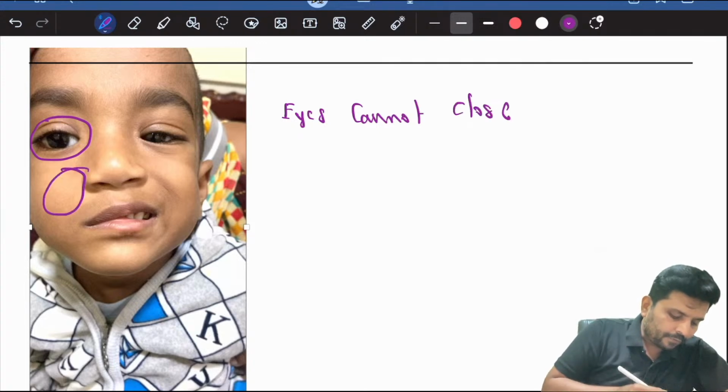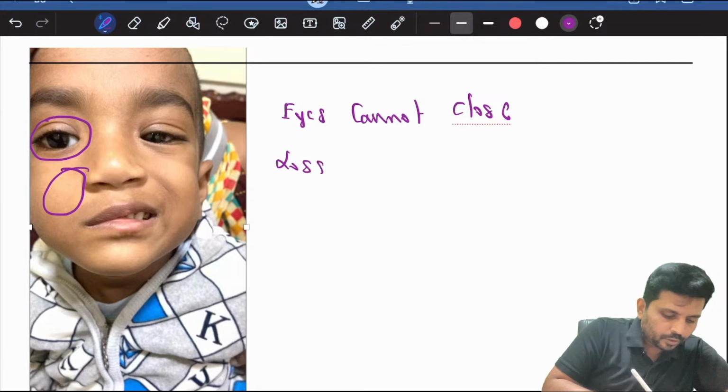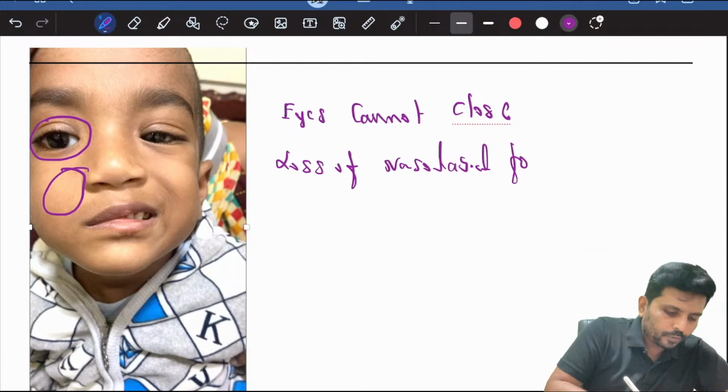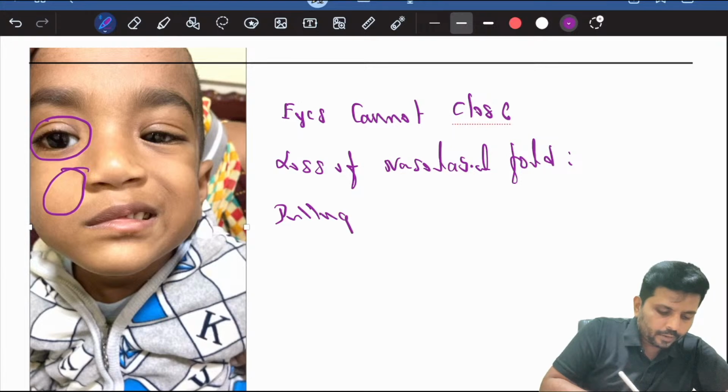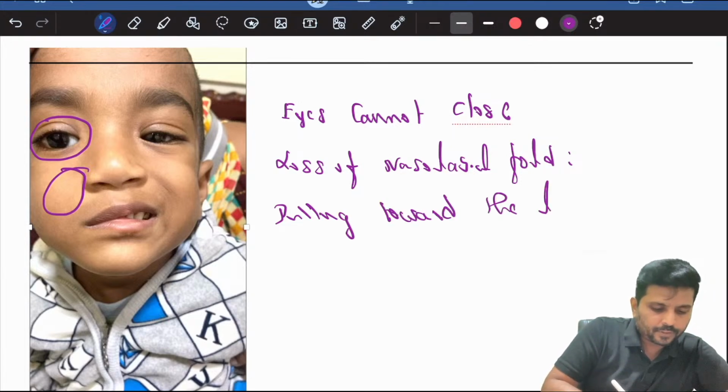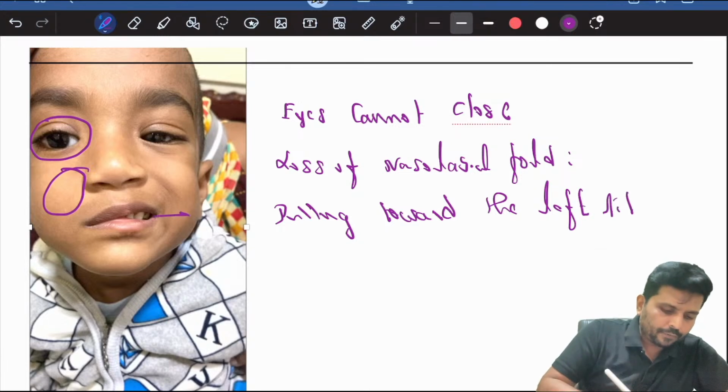There is loss of nasolabial fold, and the angle of mouth is pulled towards the left side.